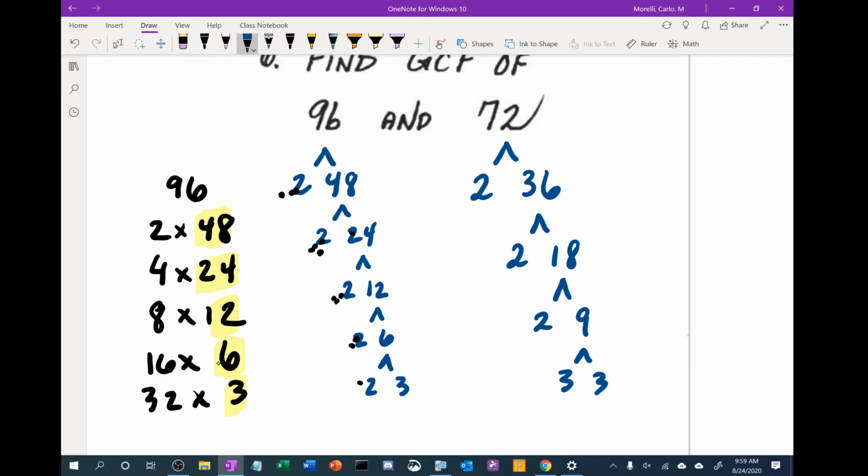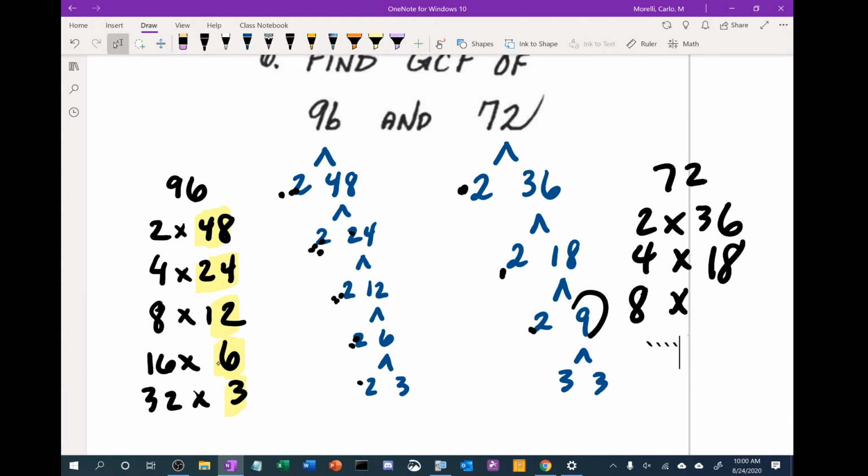Okay, so once again, we're going to build our list. Over here, we've got 72. So that can be 2 times 36, or it can be 2 times 2, which is 4 times 18. Or it can be 2 times 2 times 2, which is 8 times 9.